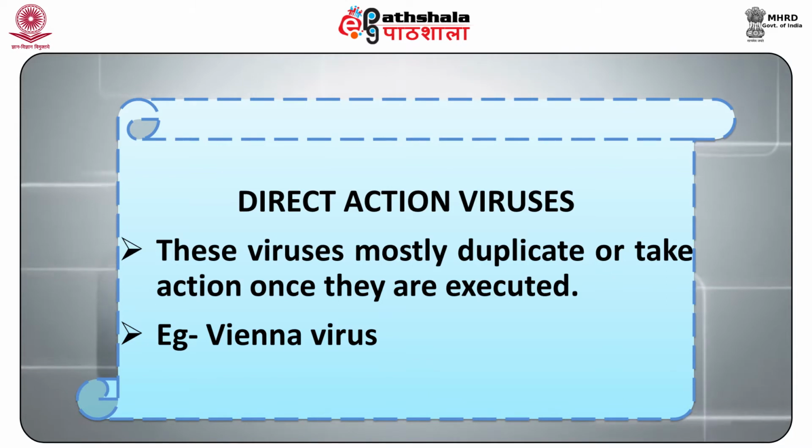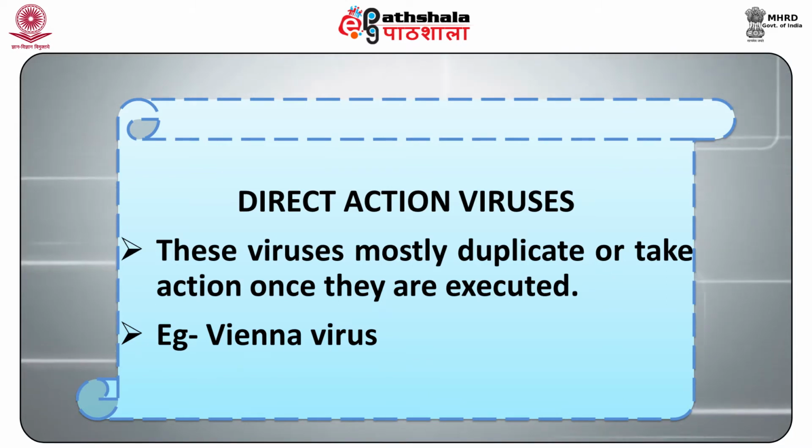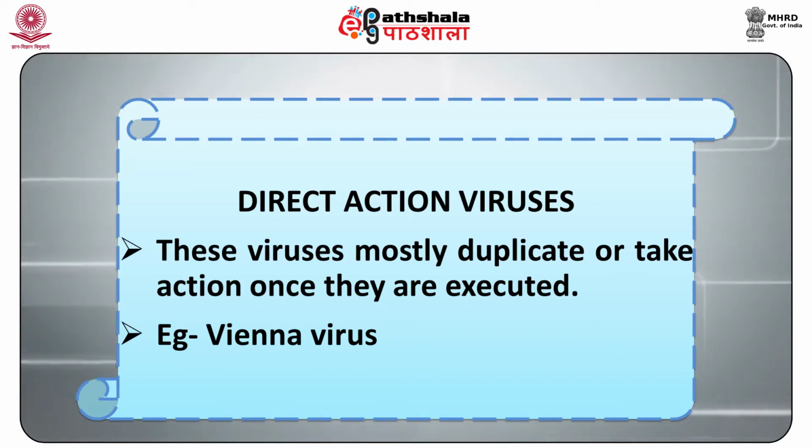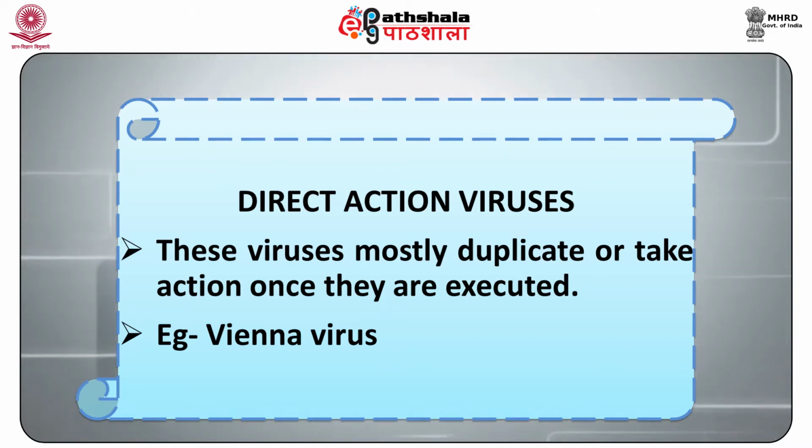When a certain condition is met, the virus will act by infecting the files in the directory or the folder specified in the autoexec.bat. The viruses are usually seen in the hard disk's root index, but they keep on changing location. For example, Vienna virus.